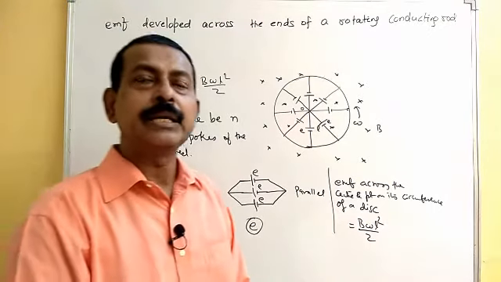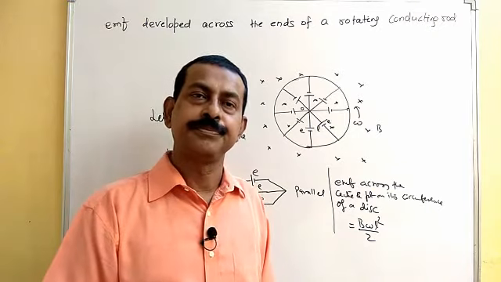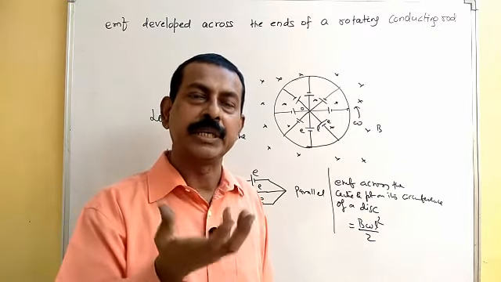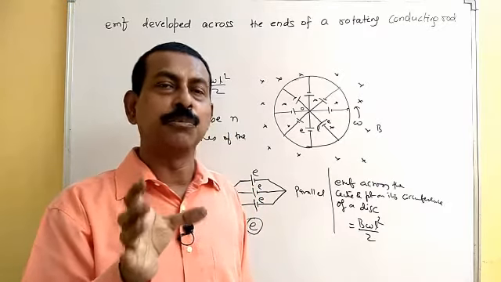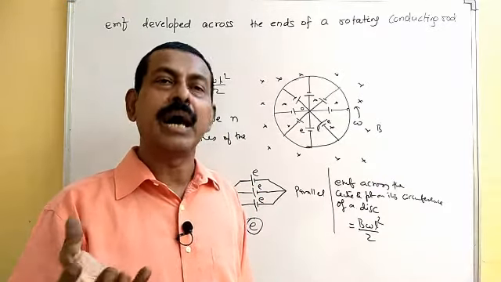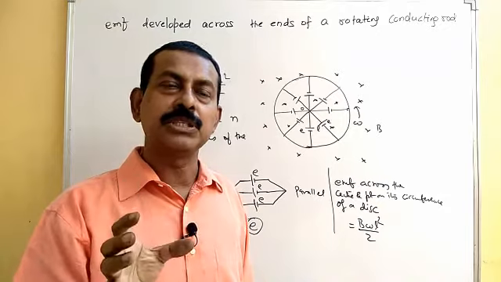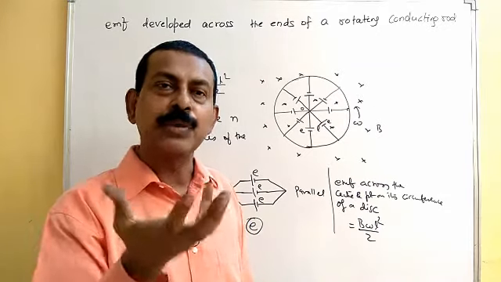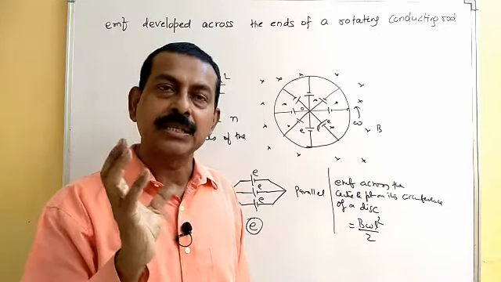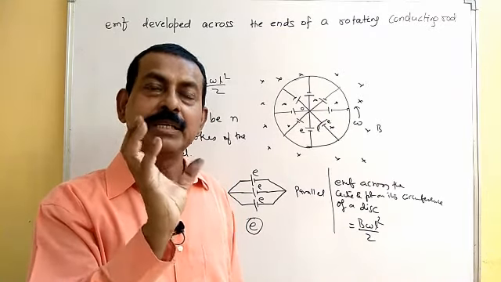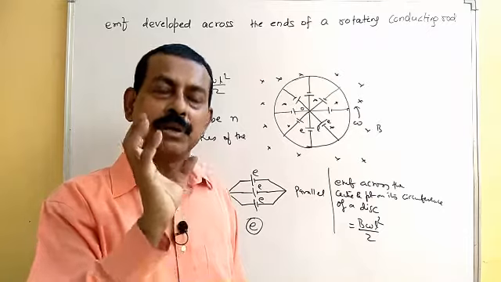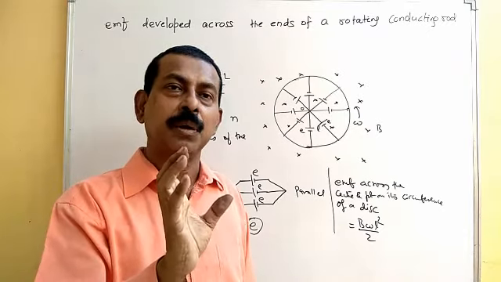Now here you may think that if it is a solid disk and it is rotating, the magnetic flux linked with that disk will be B into pi r square, if r is the radius of the disk. If that one is rotating, the flux is not changing, so the flux linked with that disk appears constant.